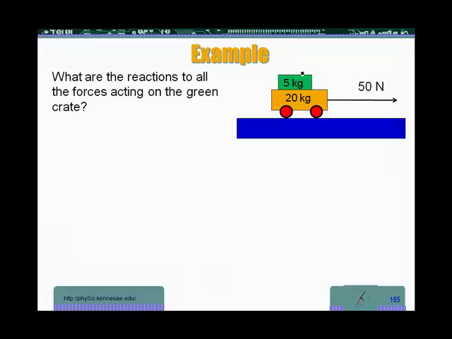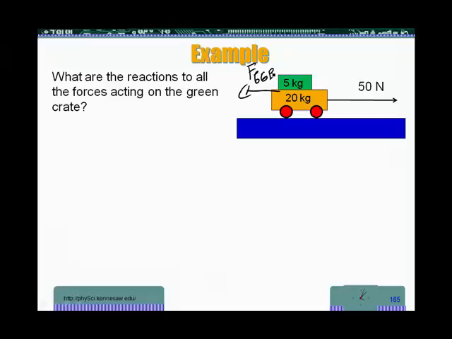We said there is a friction force that the buggy exerts on the green crate, and we said that friction force is in the forward direction. So as a reaction to that, the green crate is going to exert a friction force on the buggy, green on buggy, in the backward direction.